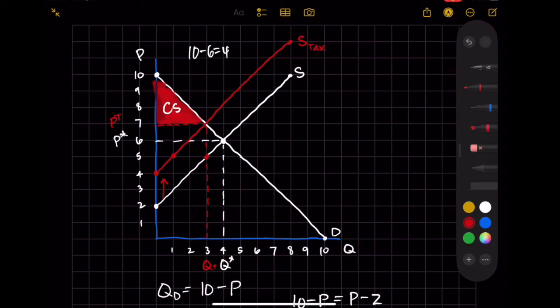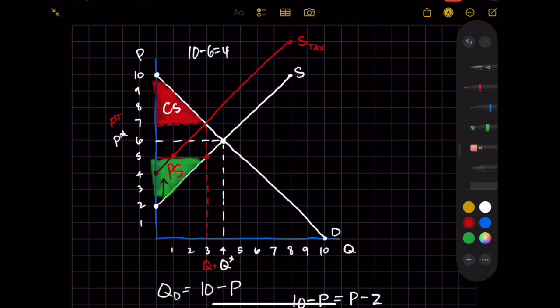And this is where it crosses the old supply, and we're going to come across here to 5. So that's the breaking point. That's where consumer or producer surplus stops. Okay, so this is going to be our producer surplus.